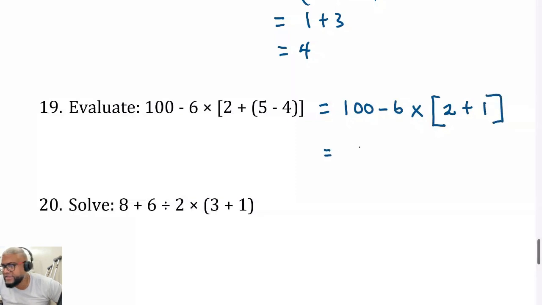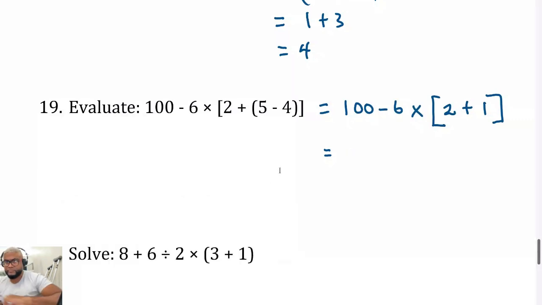What are we doing next here? Ramdas, what are we doing next? So next, after you do the 5 minus 4, you take 94.